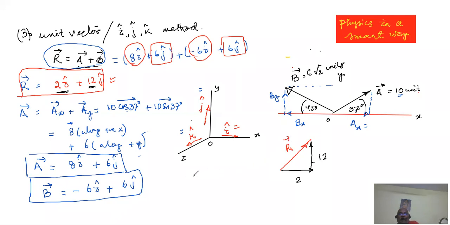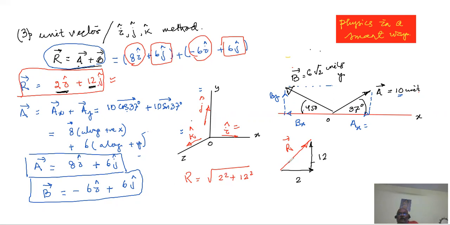And how much is the resultant? Finding the value, now you have to use trigonometry. That is 2 square plus 12 square. That means the I coefficient whole square plus the j coefficient whole square. If there is some z vector, you also extend the idea, no extra or novel idea is required. So that gives the value of the resultant.